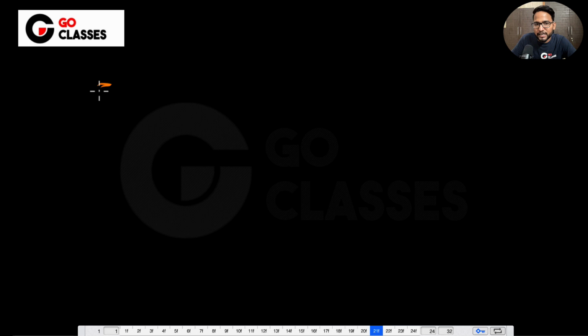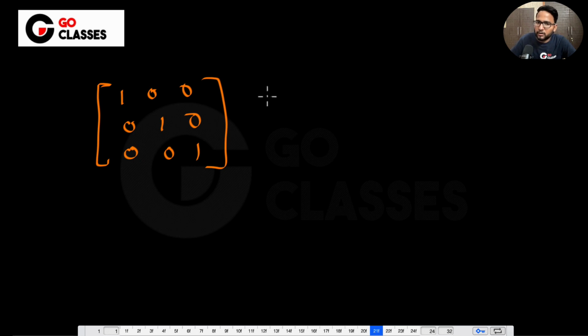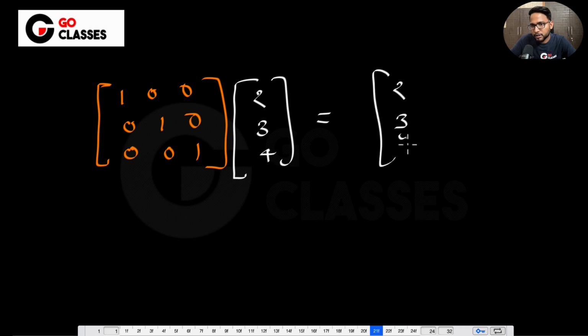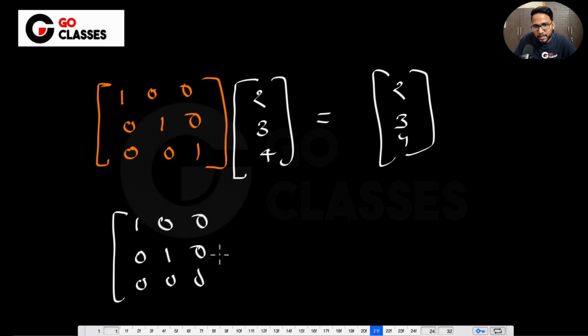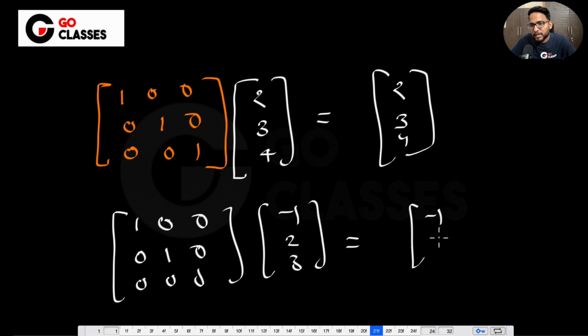Now take this identity matrix and multiply some other vector of your choice, maybe 2 3 4. You again get 2 3 4. Isn't 2 3 4 also an eigenvector? Or minus 1 2 3: you multiply and get minus 1 2 3.